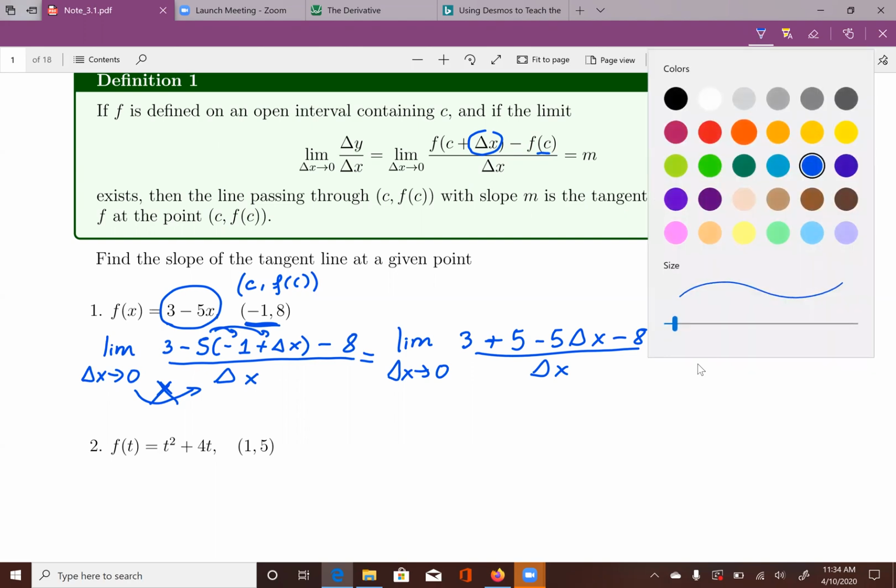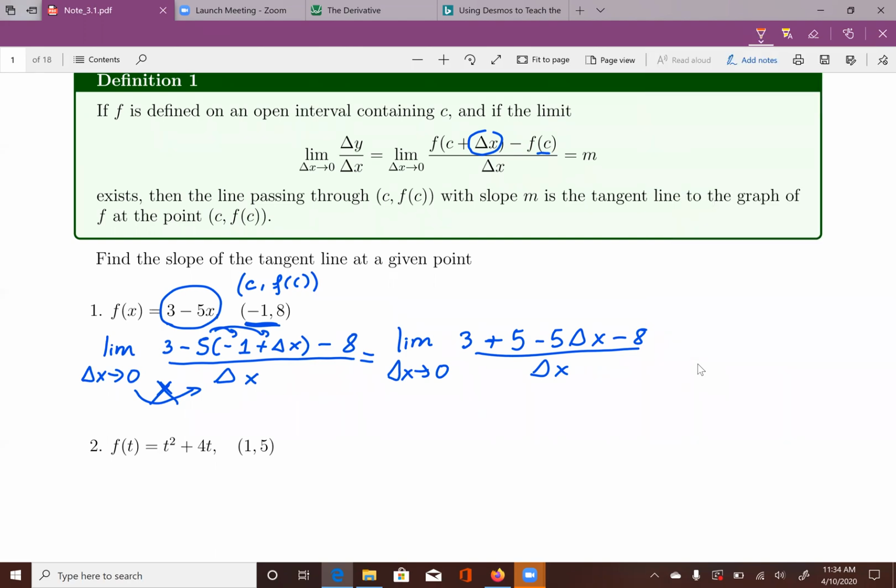You can see that 3 plus 5 is 8, and 8 minus 8 is 0. So what is left over is -5 delta x over delta x. Then you can cancel the delta x, which gives you the solution of -5. So you can say that the slope of the tangent line of the function 3 minus 5x when x equals -1 is -5.